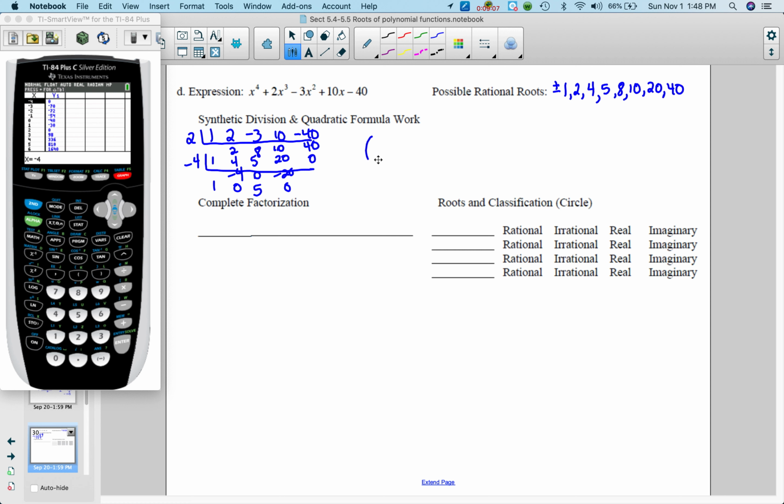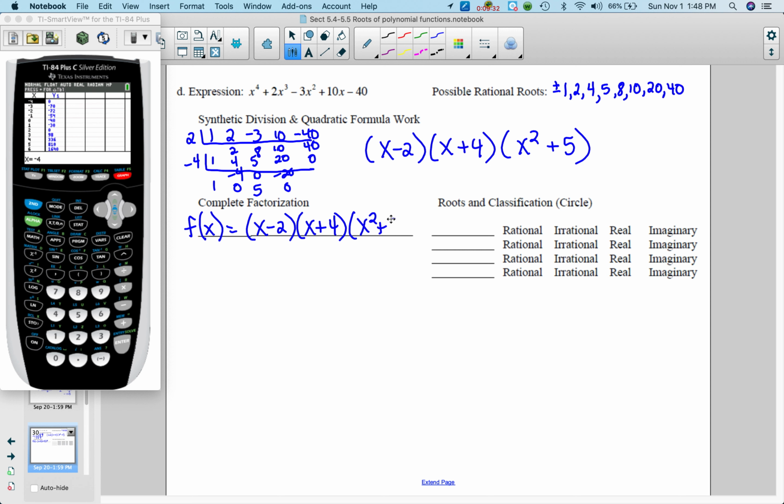So since the 2 works, we know x minus 2 is a factor. Since negative 4 works, we know x plus 4 is a factor. And we're left with x squared plus 0x plus 5, which I know from looking at it, you can tell it's not factorable. So then our factorization is just x minus 2 times x plus 4 times x squared plus 5.